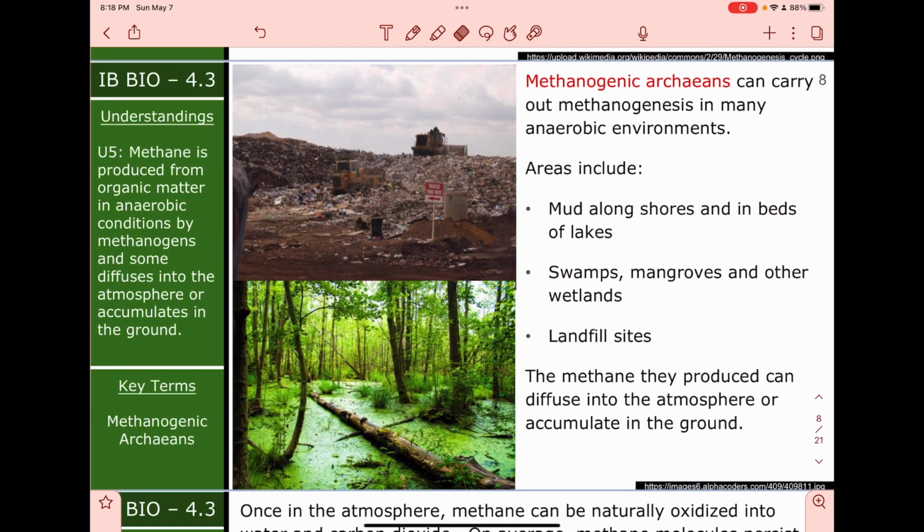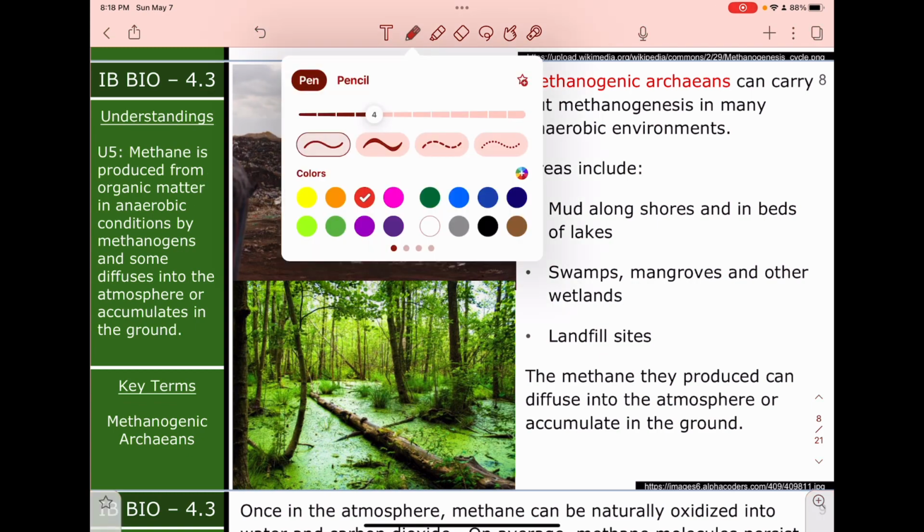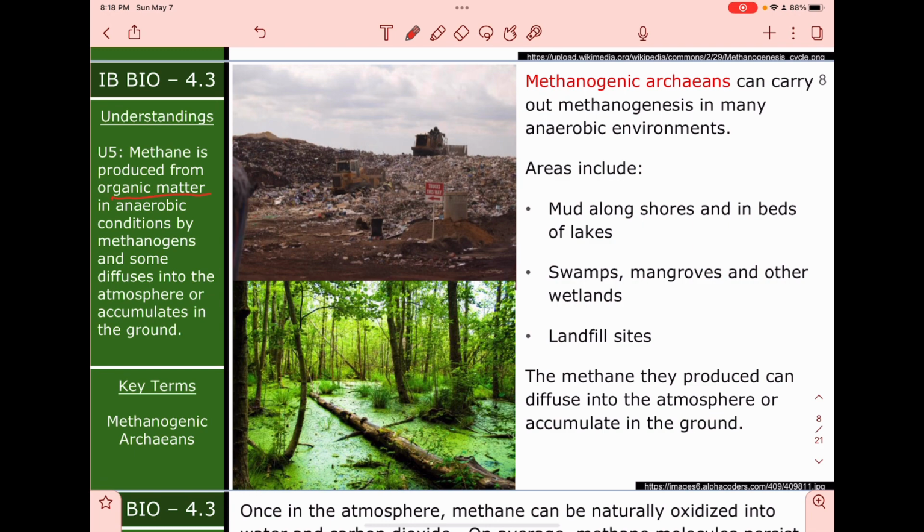So again, we're saying that methane is produced from organic matter in an anaerobic condition. So what you're seeing here is you can see methane being produced. I don't know if you guys have ever seen landfills. Quite often, if they're all nice and green, I mean, I've seen redevelopment of areas, at least I did in Hawaii, where they have the landfills and they cover it with grass and they make it absolutely beautiful.